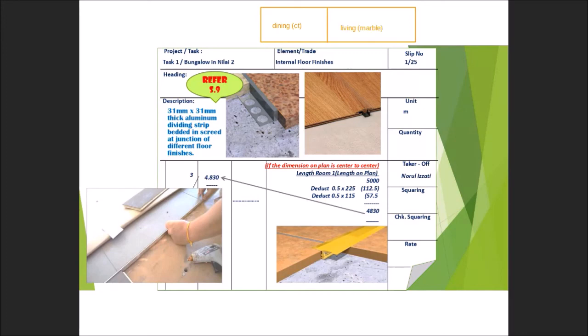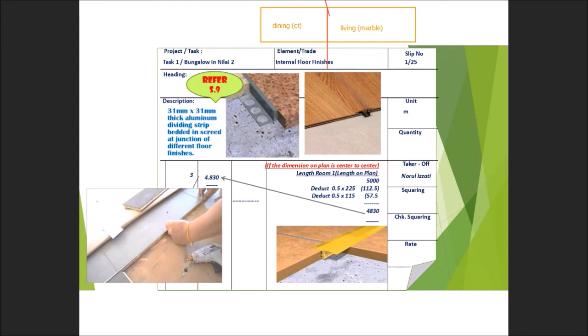So you need to measure in meter the length of this one in red color, the length to show the difference between two different materials. Sometimes it is also applicable between the living hall and the room.